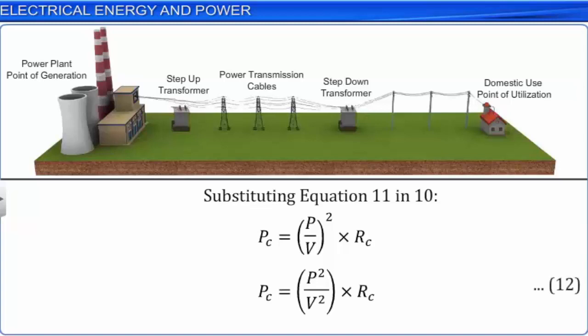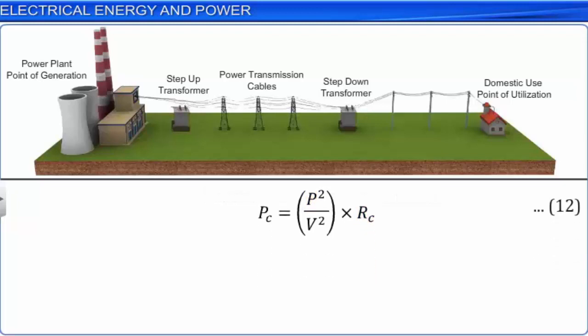This equation helps calculate the power loss PC due to the resistance RC in the transmission cable. In equation 12, we can say that the values of power P generated at source and the resistance RC of the cable are constants. Therefore, it implies that the power loss by the cable PC is inversely proportionate to the square of the voltage generated.